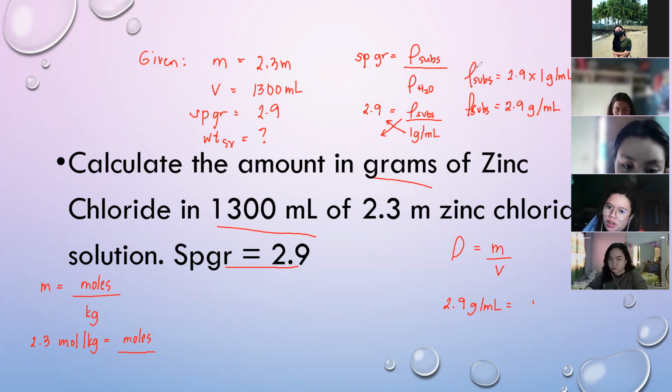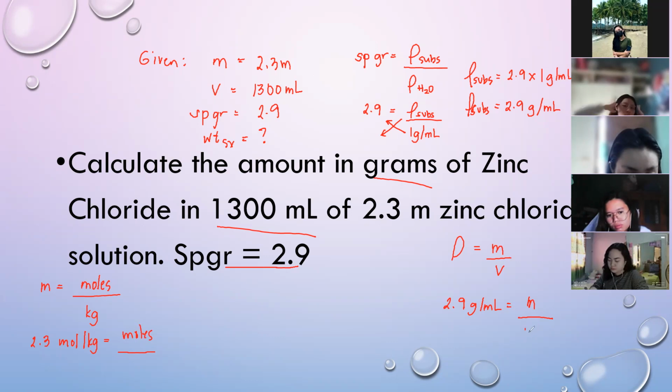Baliktad pala ito. The 2.9. Okay. And then this is mass over volume. Tama. In-erase. We will be looking.